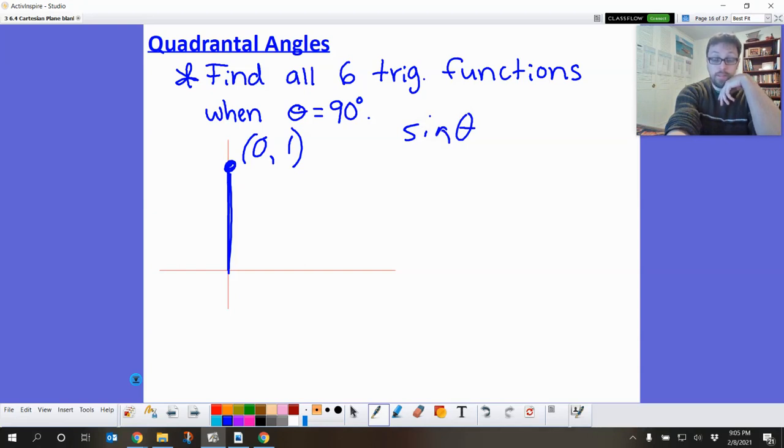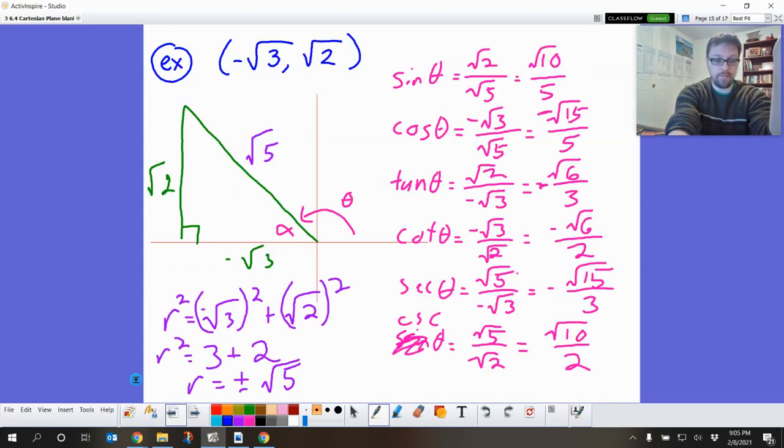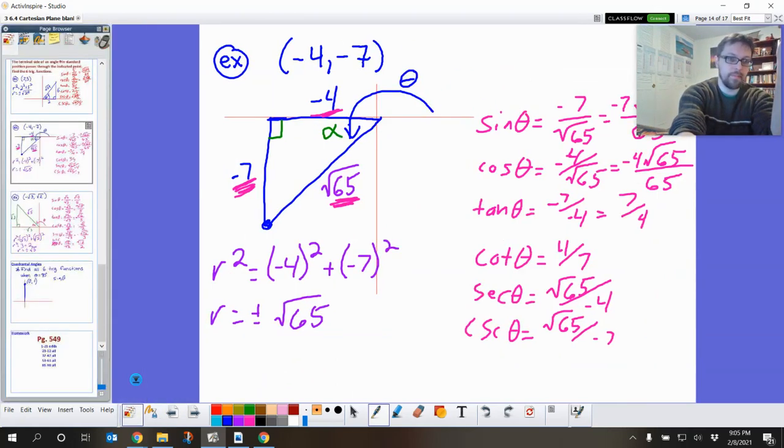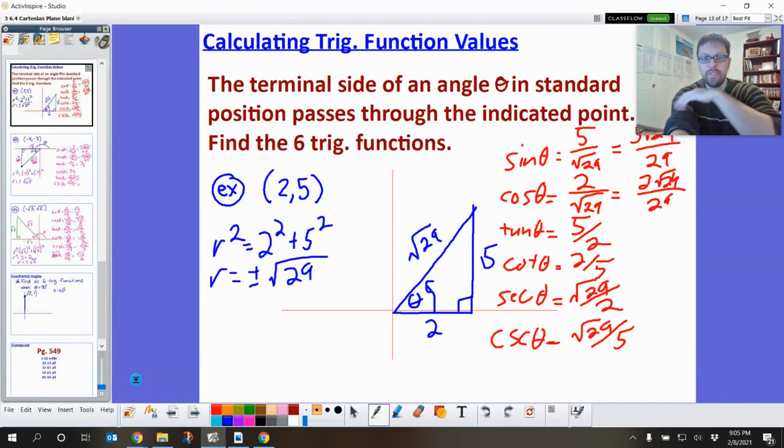Now, we know, kind of like looking at what we were doing before, I'll pull up this example. Let's go back to this one with this 2, 5. Notice that this 5 and this 5 are being kind of the opposite side. Same thing here, tangent, 5 and 5.